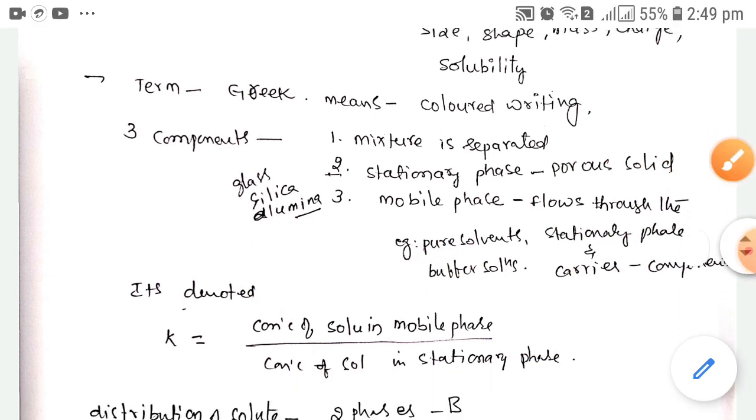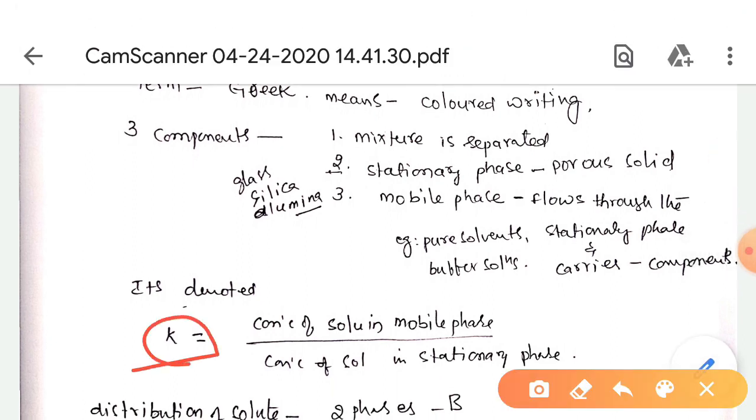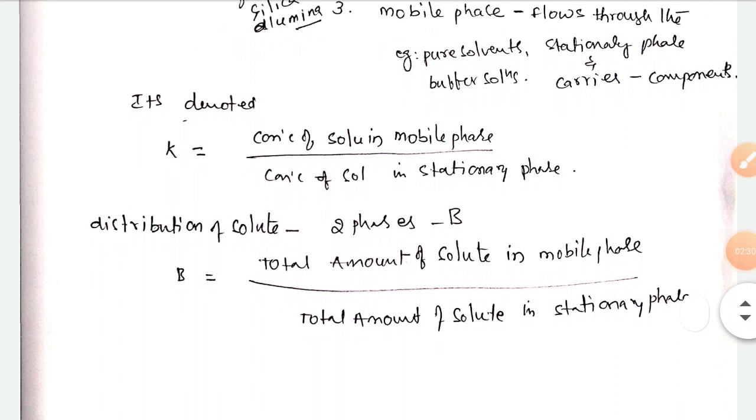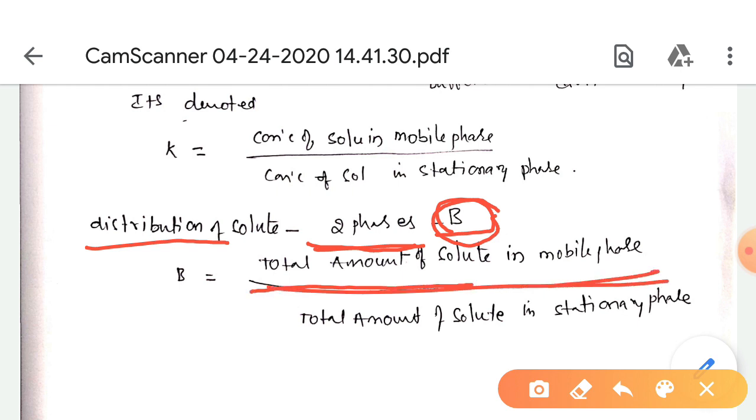The distribution is denoted by K, the concentration of solute in the mobile phase or the concentration of solute in the stationary phase. The distribution of solute between the two phases can also be denoted by B. B equals the total amount of solute in the mobile phase divided by the total amount of solute in the stationary phase.